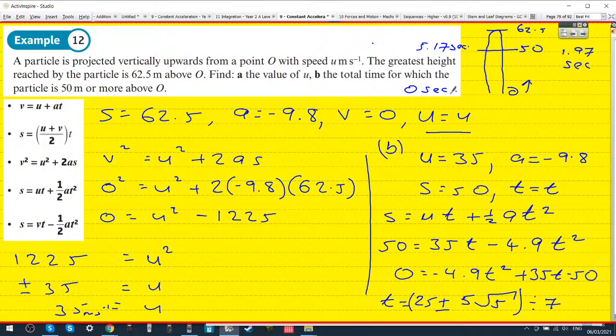So from 0 to 50, it's 1.97 seconds. So you do 5.17 minus 1.97. Correct. It's the difference between these two.